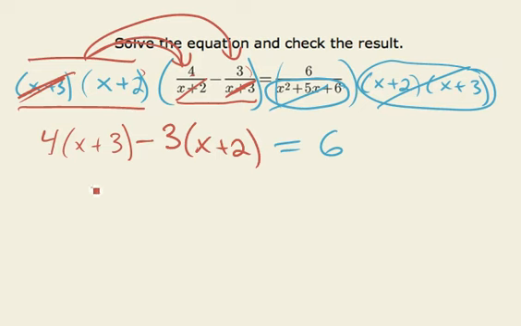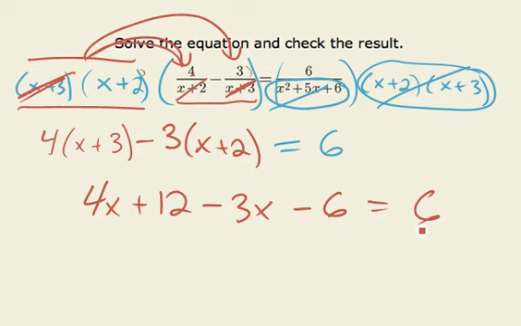4 times x is 4x, plus 4 times 3, 12, minus 3 times x, minus 3 times plus 2 is minus 6. Don't forget to distribute that negative, right? Equals 6. Let's subtract 6 from both sides. If I subtract 6 from the right, I'm left with a 0. If I subtract 6 from the left, I get a negative 12 here.